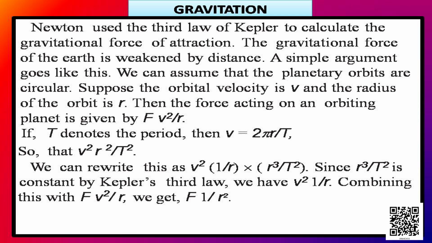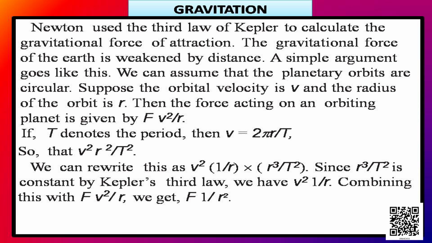Suppose the orbital velocity is v and the radius of the orbit is r, then the force acting on an orbiting planet is given by F is directly proportional to v squared by r. If T denotes the period, then v is equal to 2 pi r divided by T, so that v squared is directly proportional to r squared by T squared.